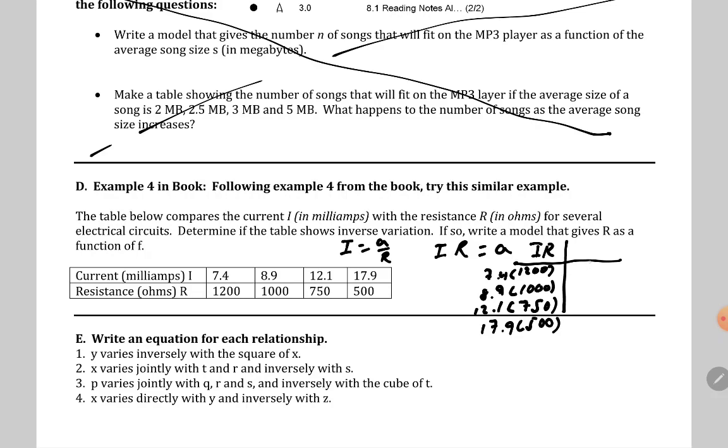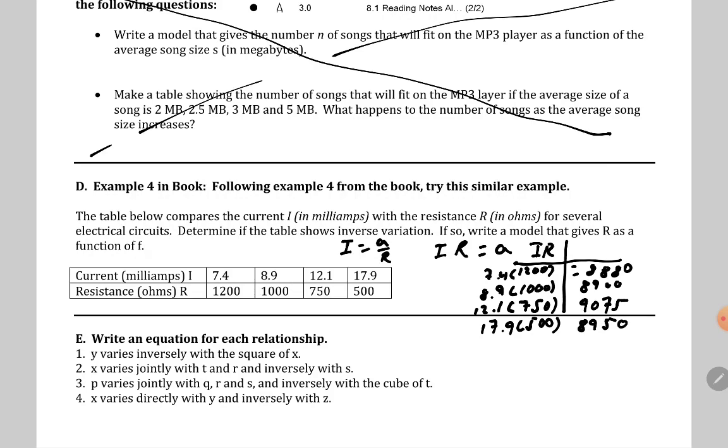So if I multiply all these out, I'll get 8,880. This one is going to be 8,900. This one's going to be 9,075. 8,950.